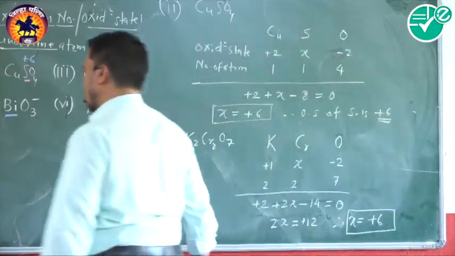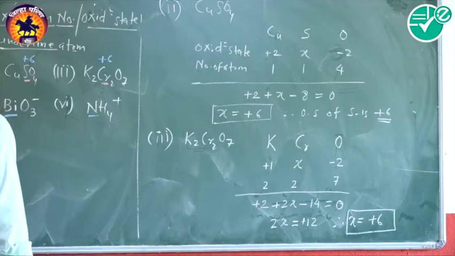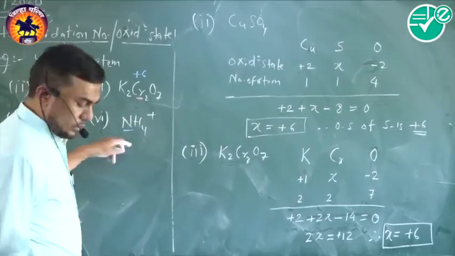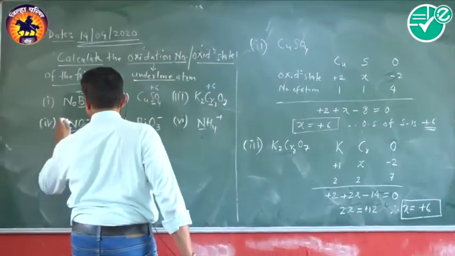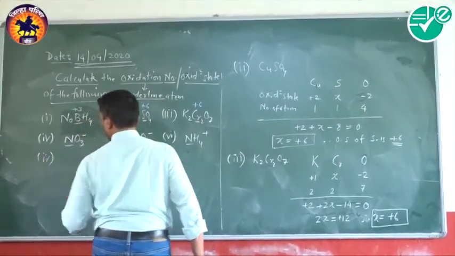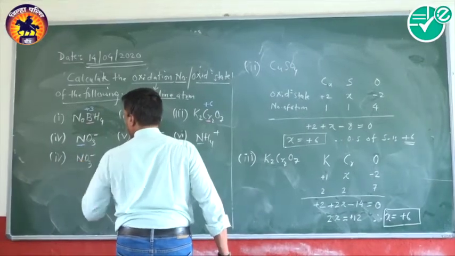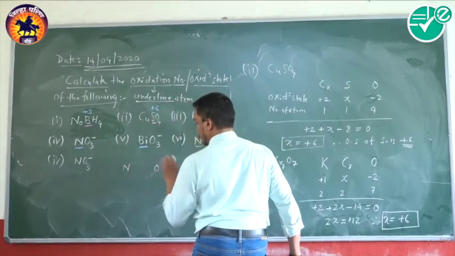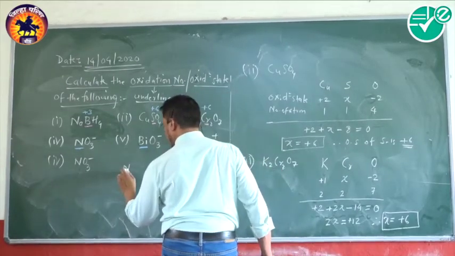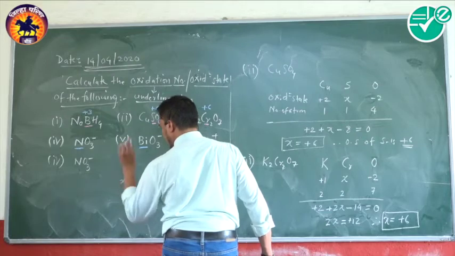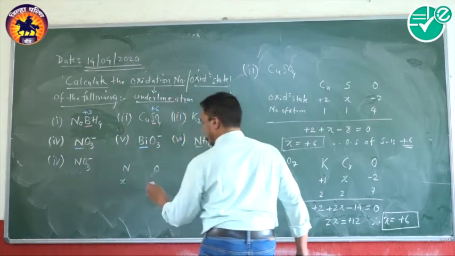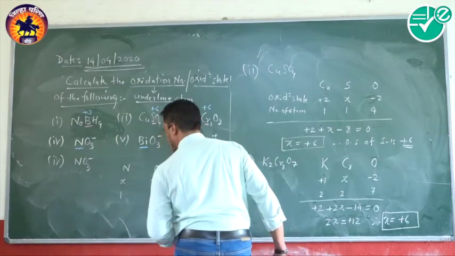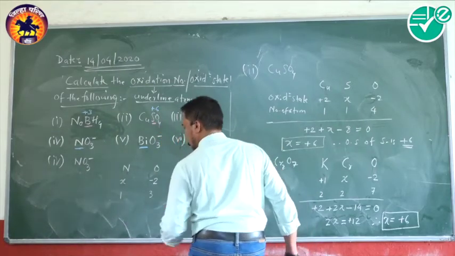Similarly, we have to calculate the oxidation number of the nitrate ion, bismuth ion, and ammonium ion. Now we'll see the fourth compound, NO3 minus. We have two elements, nitrogen and oxygen. The oxidation state of nitrogen we have to calculate, it is underlined, and oxygen is minus 2. The number of atoms of nitrogen is 1, and of oxygen is 3.